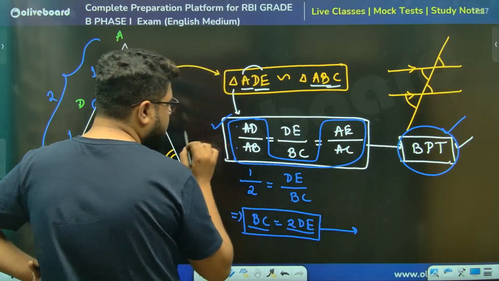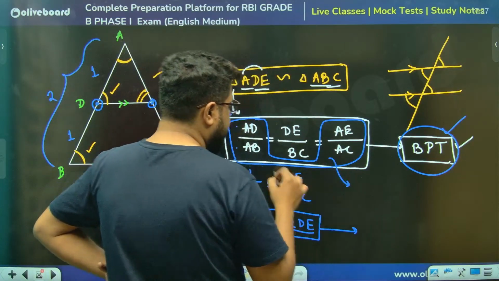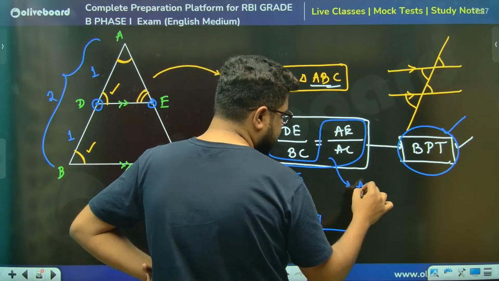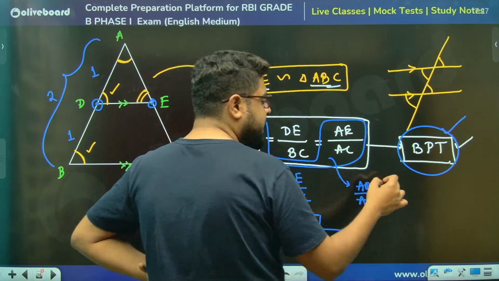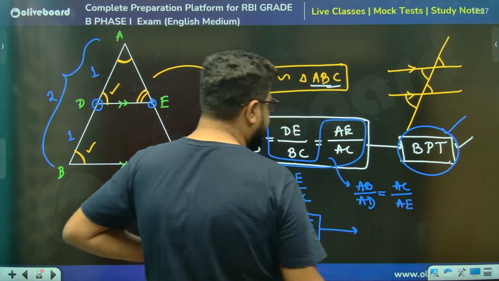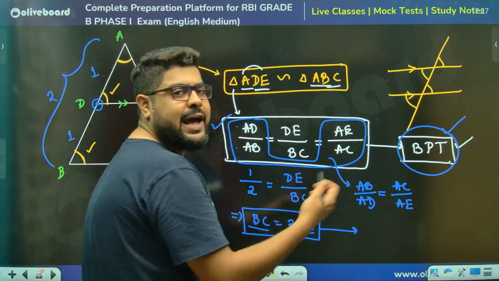Now, once this is done, from this, let's take this, and we can conclude a few further things. How? I'm taking this and taking the reciprocal. I'm just writing this opposite. AB by AD is equal to AC by AE, meaning I've taken the reciprocal on both sides.